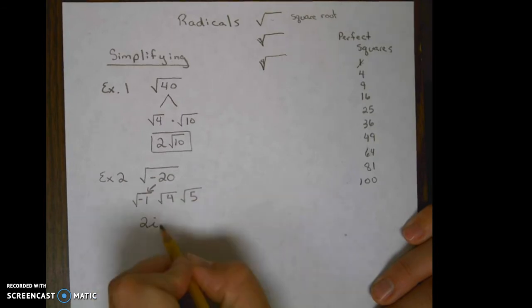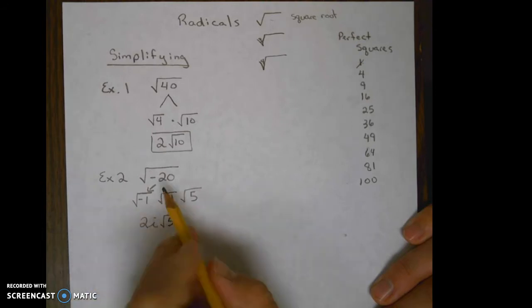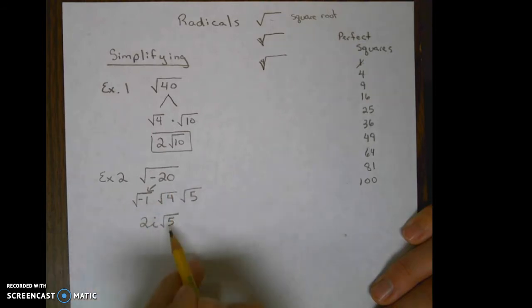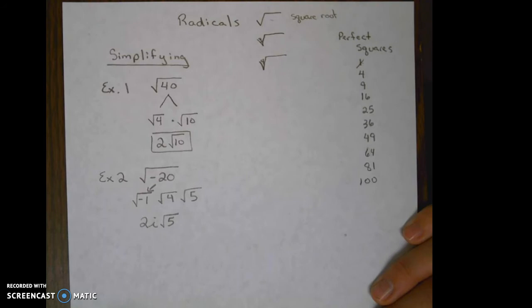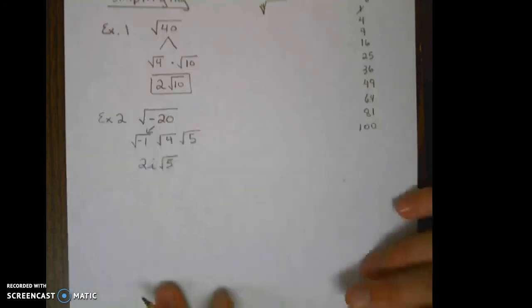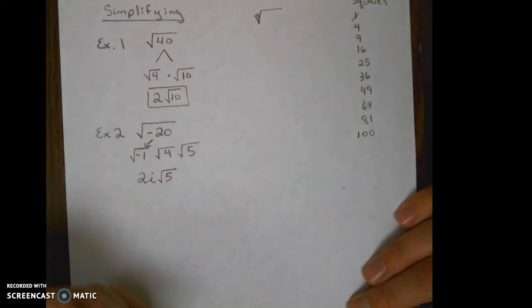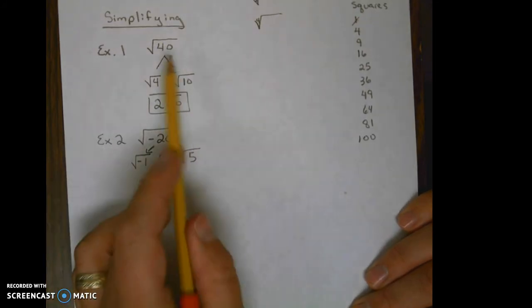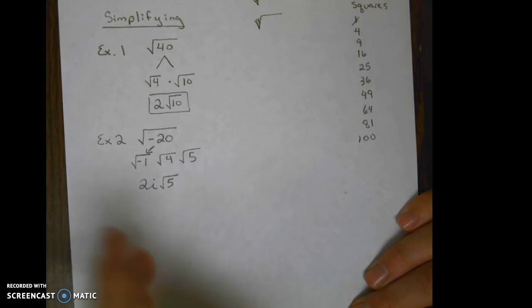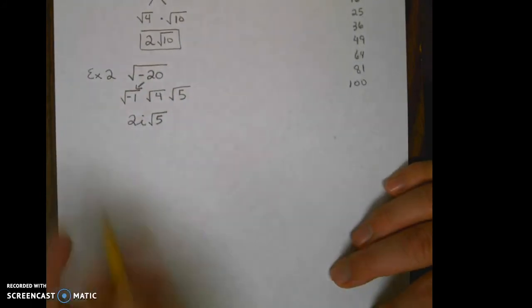And then the square root of 5, I like to put that on the end. And so simplifying the square root of negative 20, we get 2i square root of 5. That's how you simplify. And when you're solving problems or evaluating expressions, you always want to simplify your radicals before you start to add and subtract.